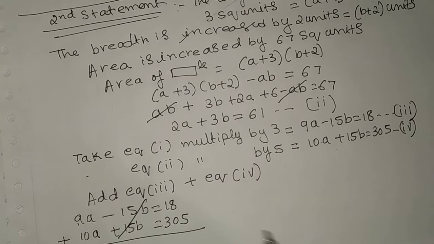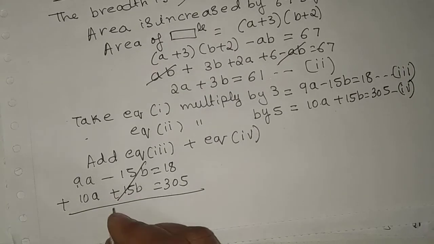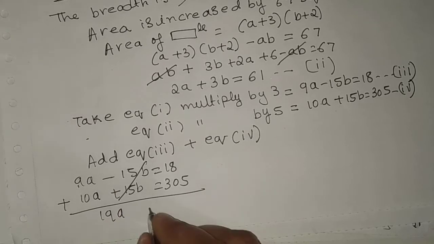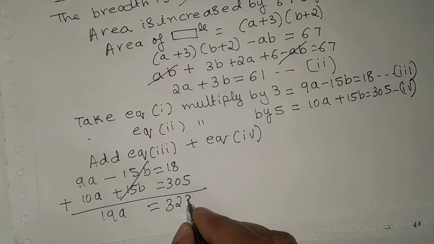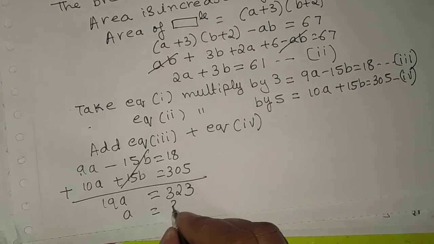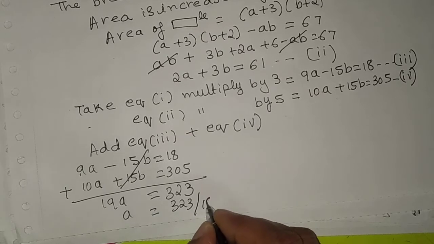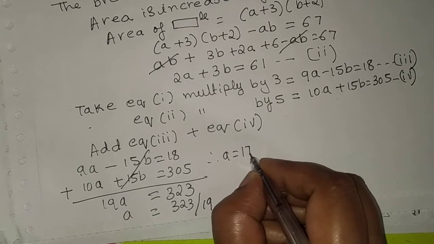The 15B cancels. So we get 19A is equal to, adding these two, 323. Therefore A is equal to 323 by 19, which is equal to 17.